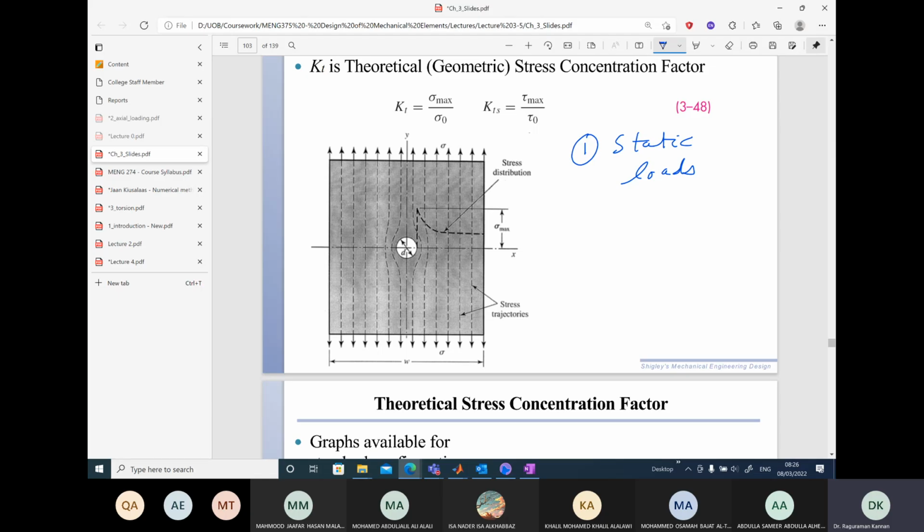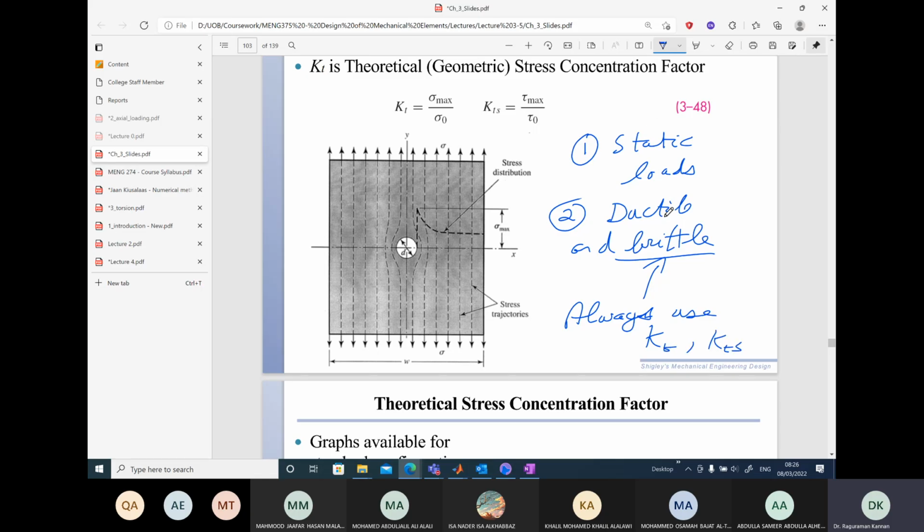The second question is, how do we use this factor for ductile materials and brittle materials? The rule is always use the stress concentration factor in case of brittle materials. Always use KT or KTS.